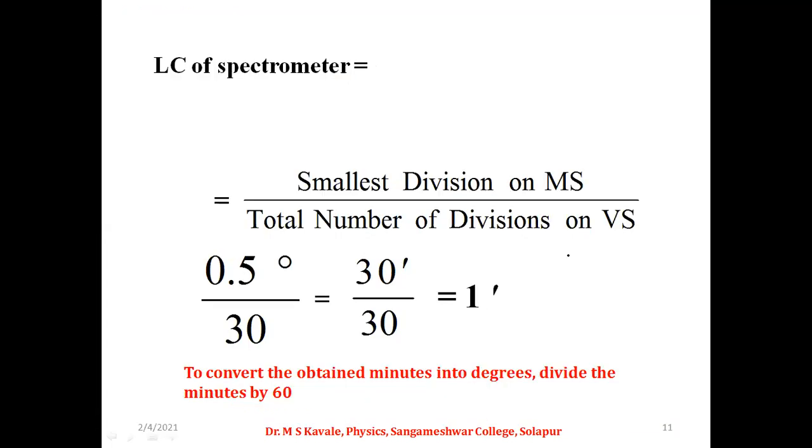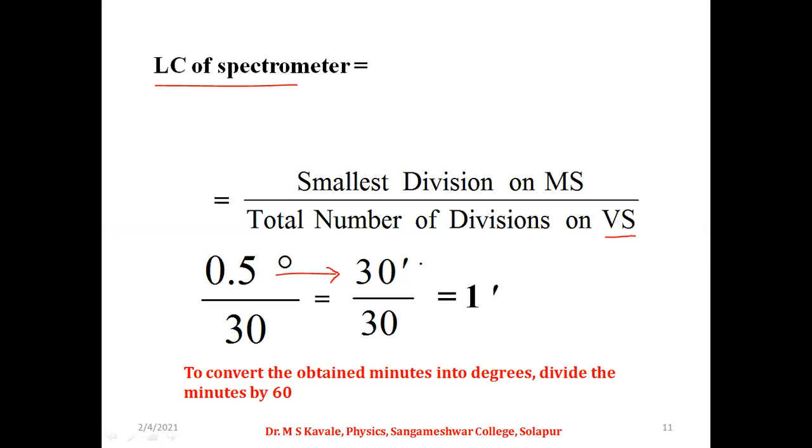So the least count is very simple. Least count of spectrometer is equal to the smallest division on the main scale divided by the total number of divisions on the Vernier scale. Just now we have measured the smallest division on the main scale, which is equal to 0.5 degree, divided by 30, the total number of divisions on the Vernier scale. This is a simple conversion. As I told you earlier, 1 degree is equal to 60 minutes.